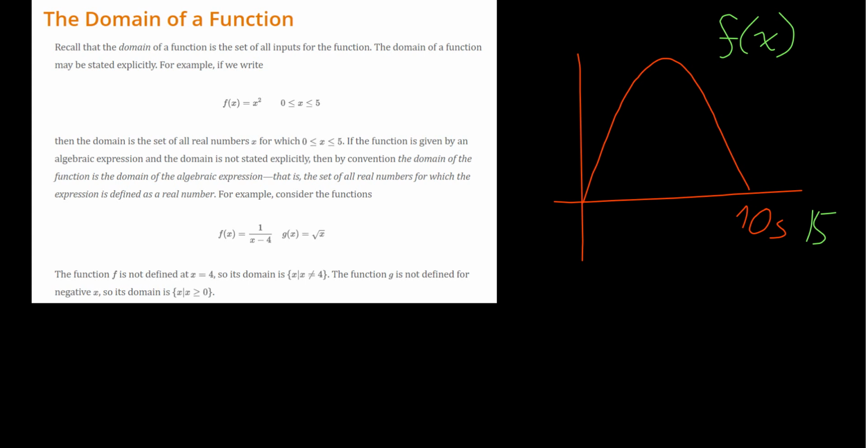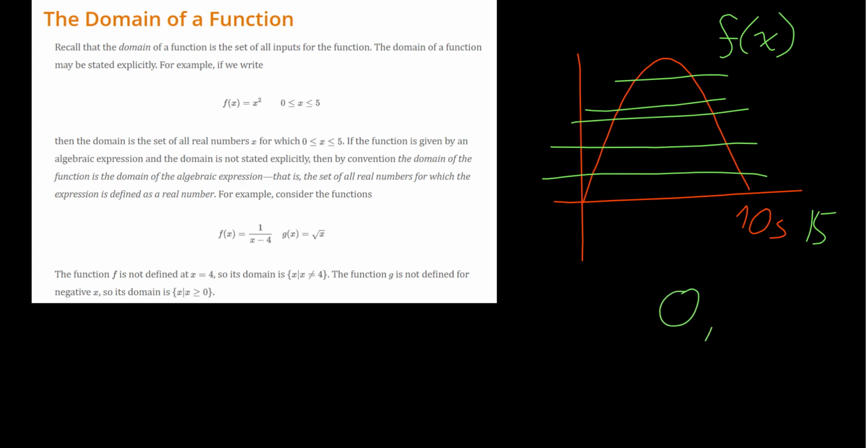But for figuring out the actual heights, where the red and green lines intersect, for just finding the height of the rocket, it's got to be between 0 seconds and 10 seconds. So we want to restrict the domain of this toy rocket's trajectory from 0 to 10.